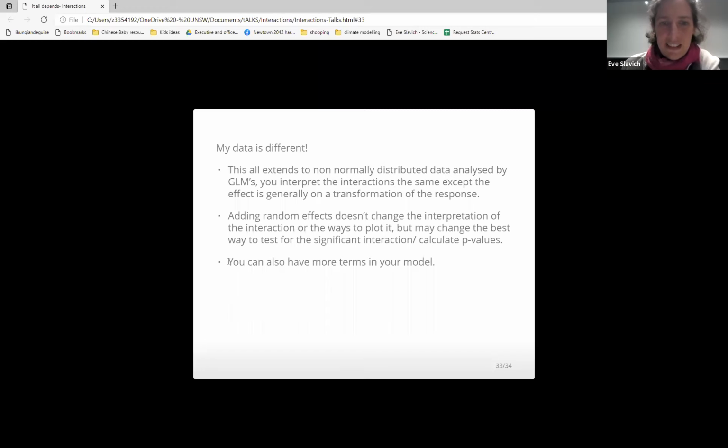And if you have more terms in your model, the interaction is still interpreted in the same way. It's just that you've got something else that you're adjusting for as well.